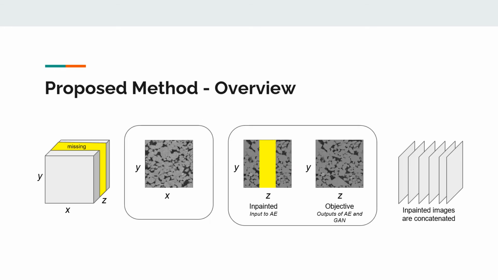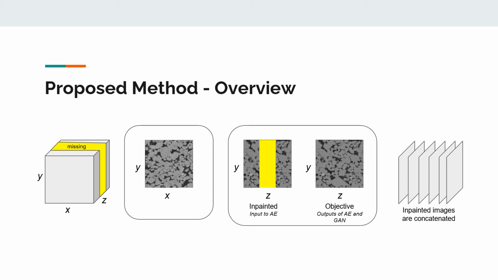The below is an overview of our plan. First, on the left, we have the incomplete 3D CT scan with images along the XY axis. Due to the isotropic nature, we can also consider images from an alternative direction, say the YZ axis.